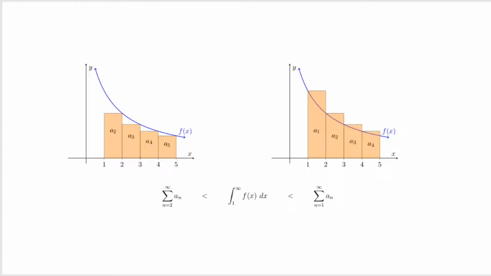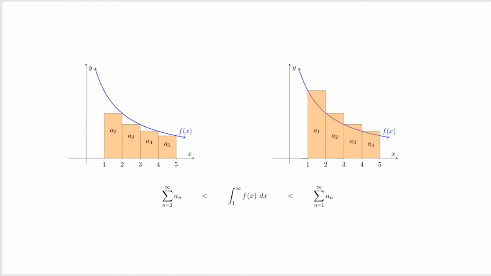Both of these infinite sums of rectangles give us estimates of the area under the curve. The exact area under the curve from 1 to infinity is the improper integral, the integral from 1 to infinity of f of x dx.